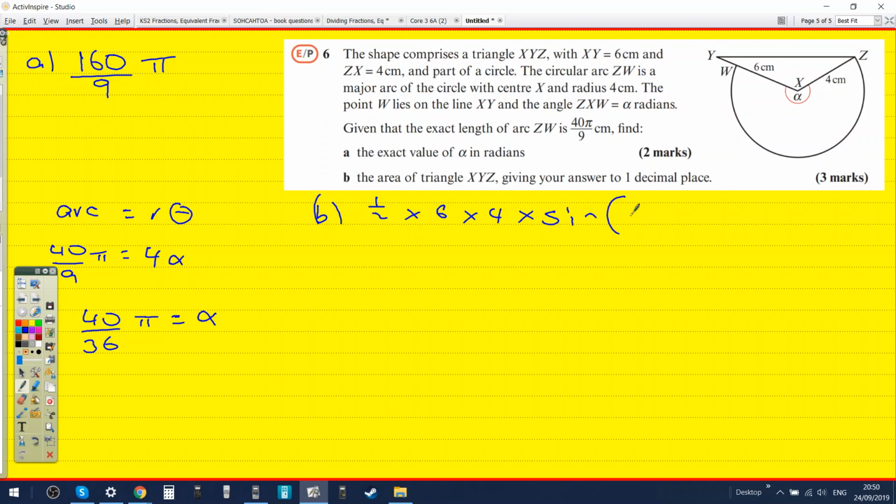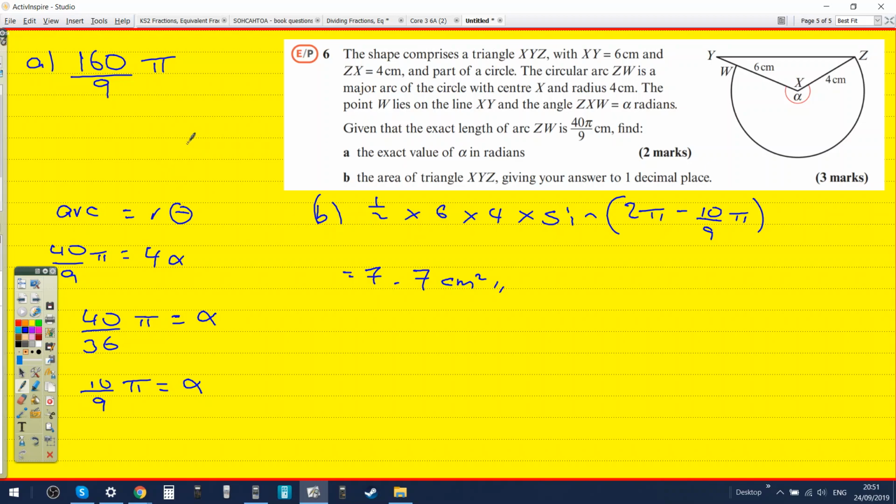Then I need to do that long thing, 2 pi minus 160 over 9 pi. So that's 7.713. That's what I get. So 7.7 centimeters squared.